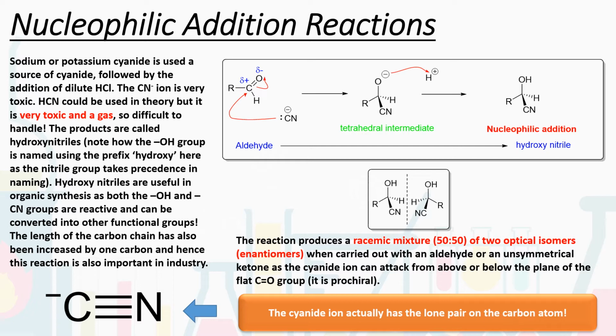Because it can attack from above or below in equal probability, we end up with a 50-50 mix of those enantiomers. One where it's added from the top in 50% and one where it's added from the bottom in 50%. We'd call this aldehyde prochiral. What we mean is that it can be turned into a chiral molecule in one step.